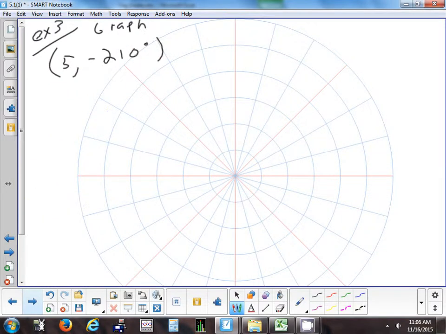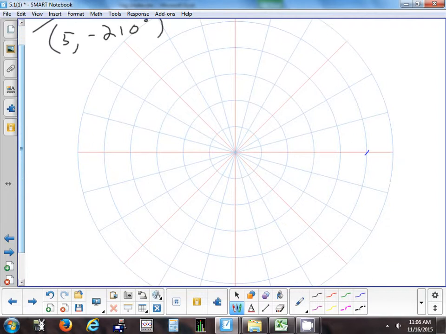All right, let's try one that has a positive radius, negative angle. 5, negative 210. Charlie, you go over 5. Yep, and which way? Right. So just put a mark there. That's where we're going to start from. And then which way is negative 210? We're going clockwise.